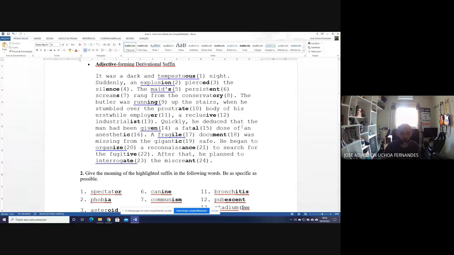Quickly, he deduced that the man had been given a fatal dose of an anesthetic. A fragile document was missing from the gigantic safe. He began to organize a reconnaissance to search for the fugitive. After that, he planned to interrogate the miscreant.